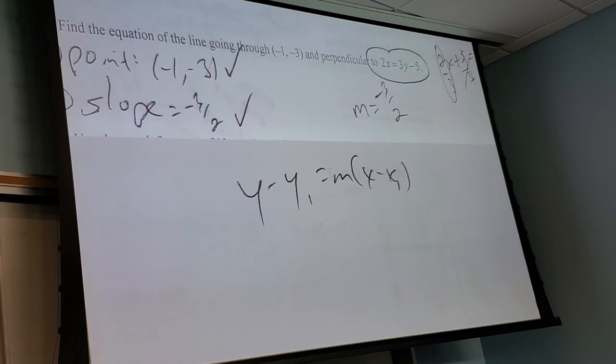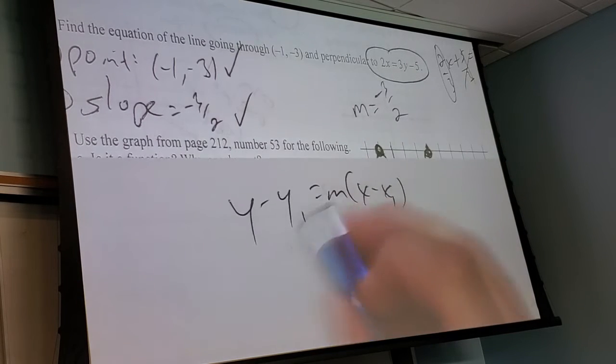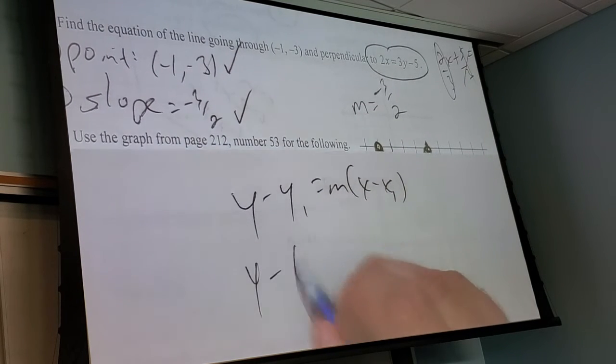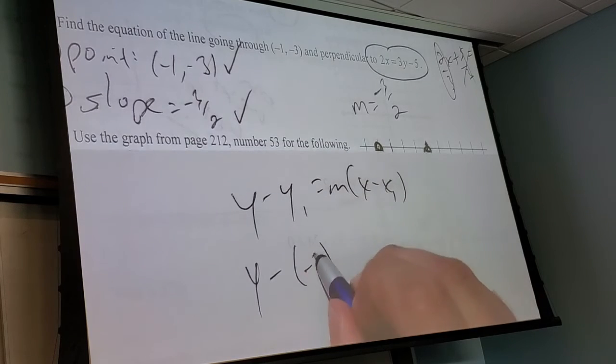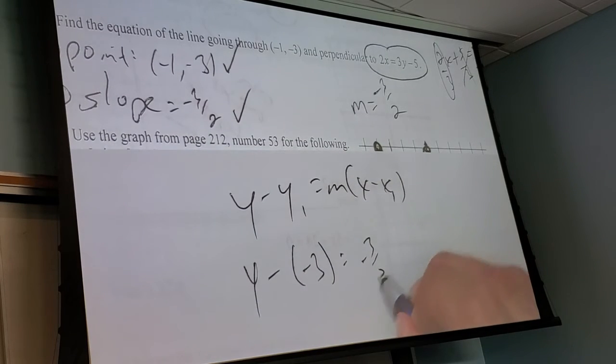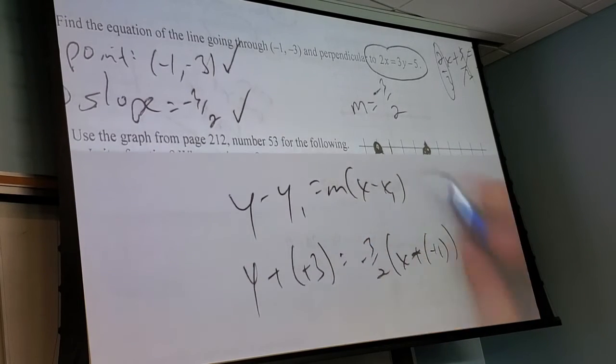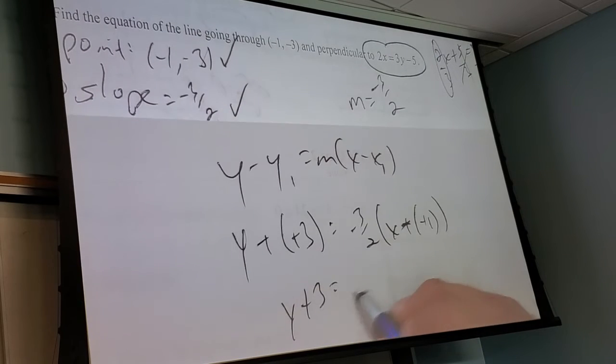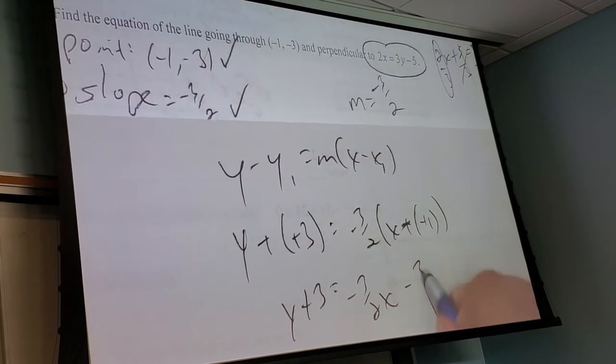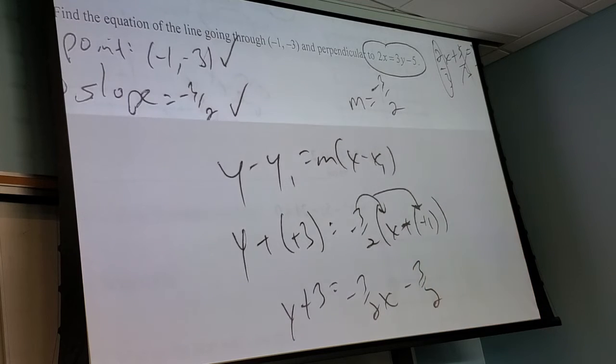Or I could do y equals mx plus b, plug stuff in and solve for b, either way. So let's do it this way. Y minus -3 equals -3/2 times x minus -1. So that becomes plus, right? Y plus 3 equals -3/2 x minus 3/2. Is that cool?